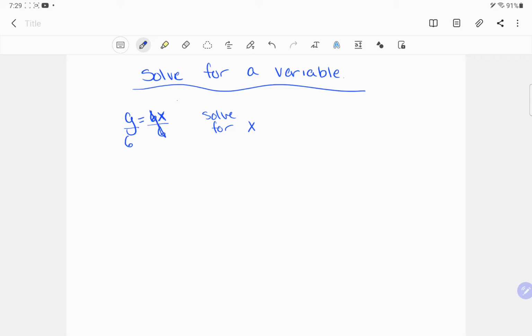Those 6's go away, and that'll leave you with x equals. You can't combine these. You don't have any way to take that to a number, so you just rewrite it as g over 6. And that is your answer. So you're just rearranging. This is also known as just rearrange the equation.